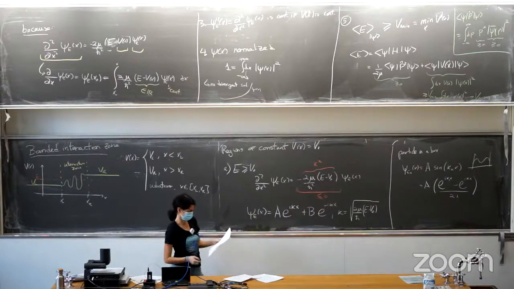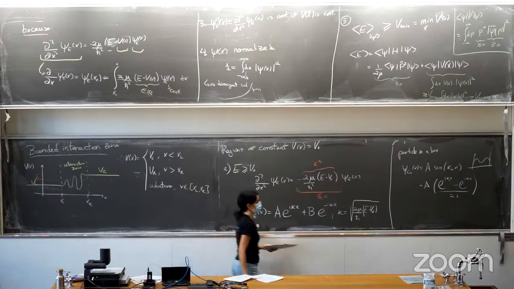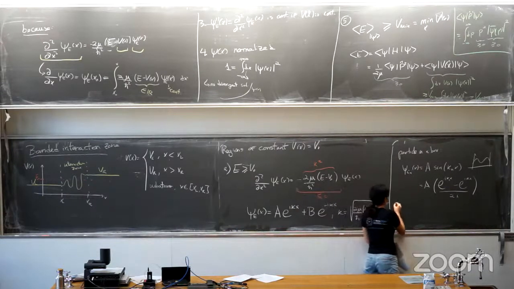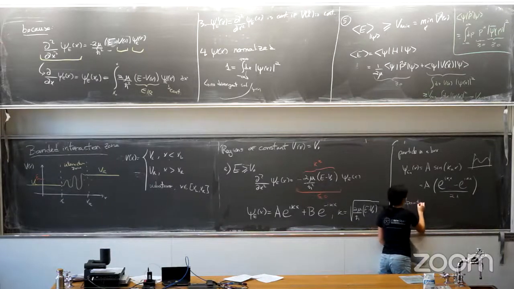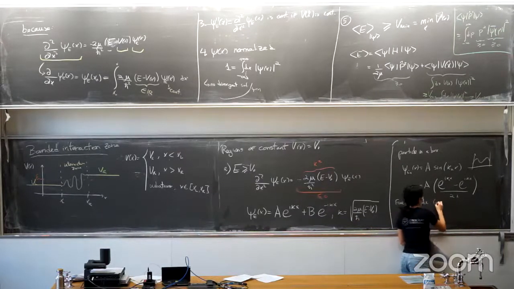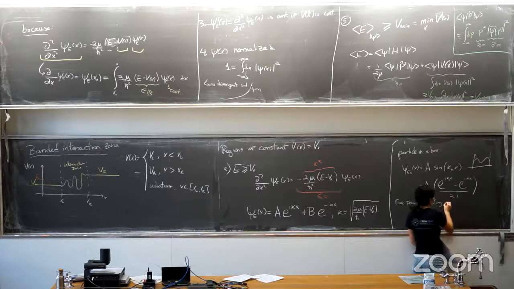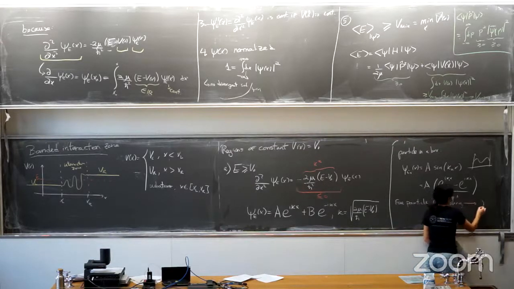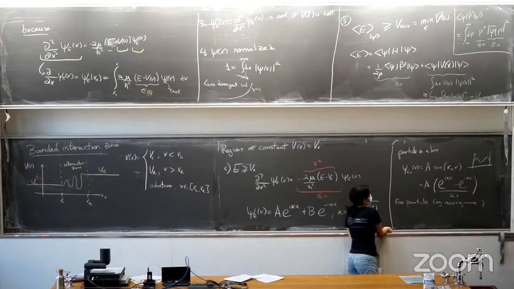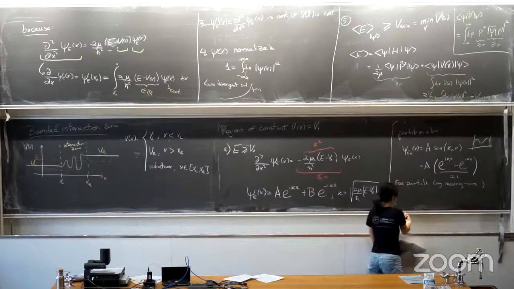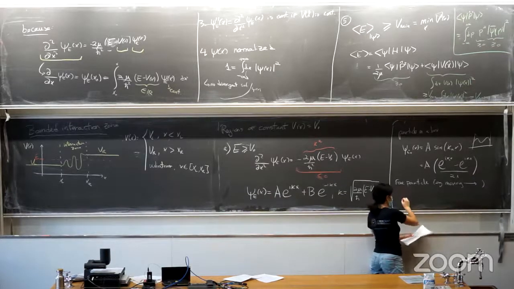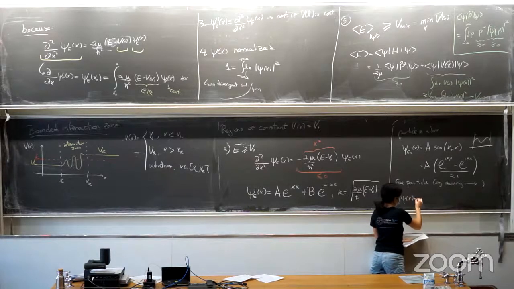The other example was a free particle. So for example, moving to the right, then we looked at things like psi of x being e to the ikx.